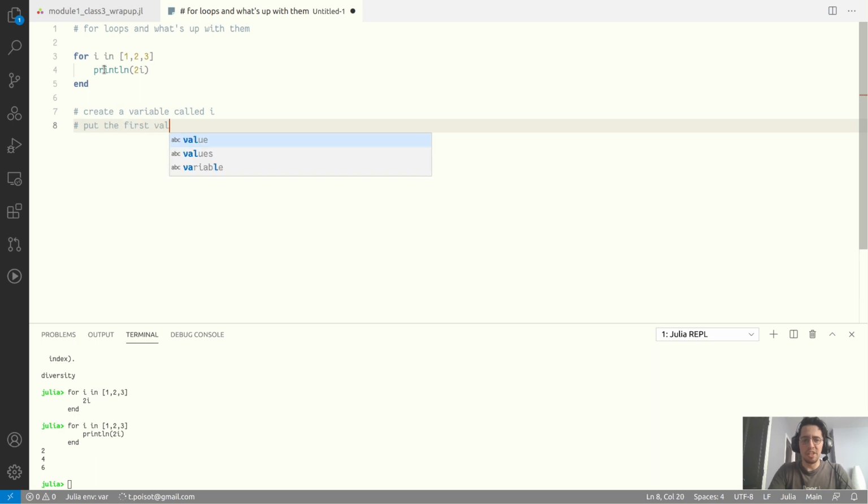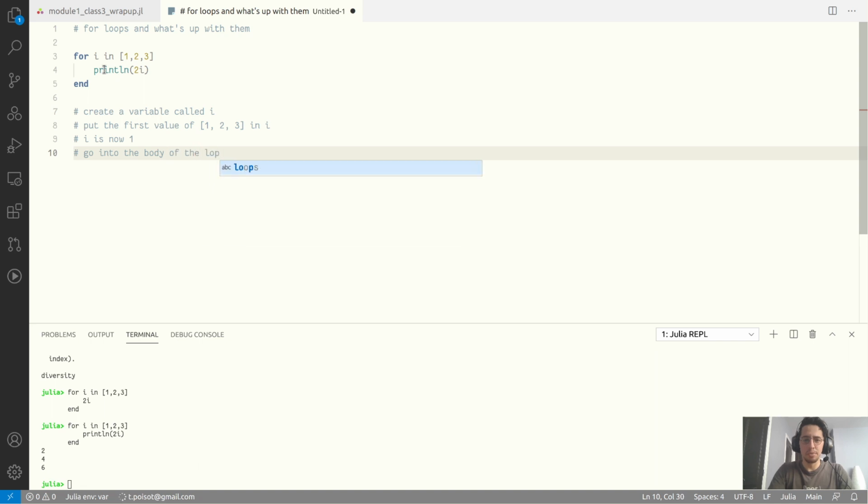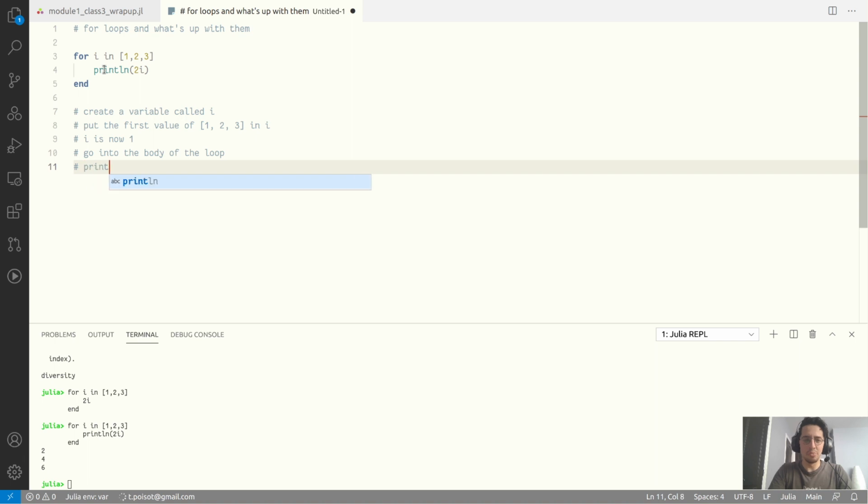Put the first value of 1, 2, 3 in i, and then i is now 1. Go into the body of the loop. So it's print the result of 2 times the value in i. And then we reach end.